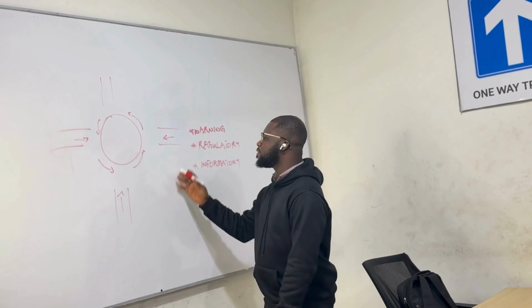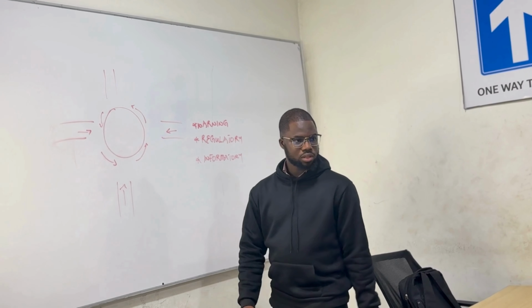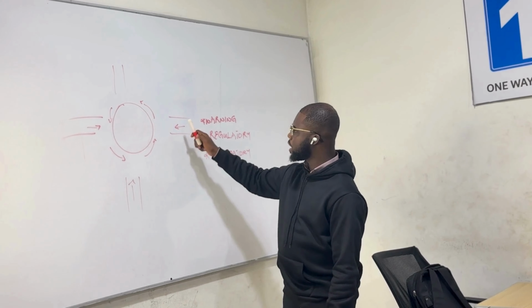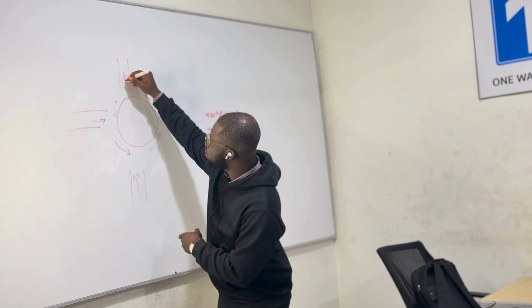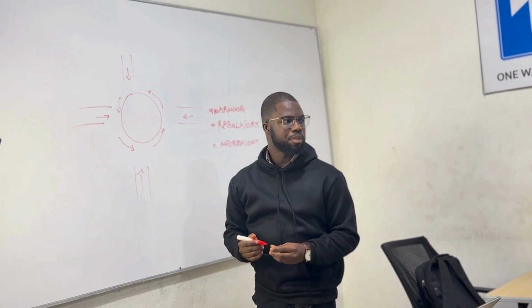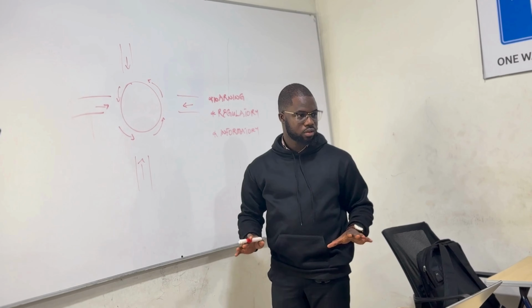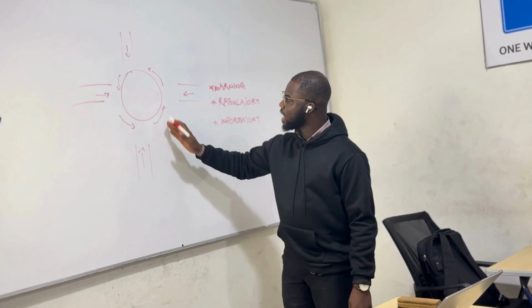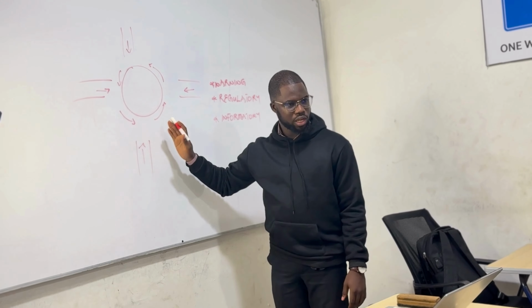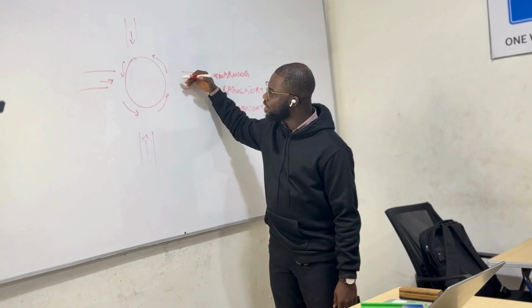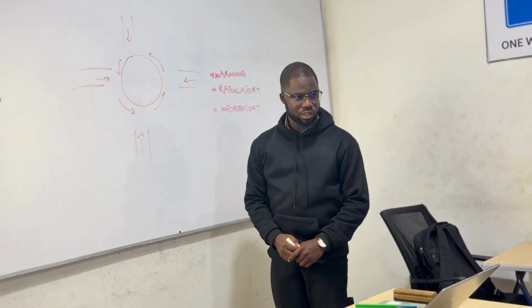So if you are getting into a roundabout, if you're on this road, that road, or this road, coming into the roundabout, you don't have your right of way. The cars in there have their right of way. So you don't come and force yourself into the roundabout.